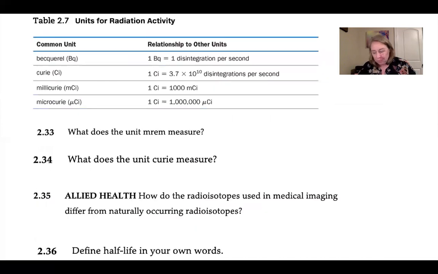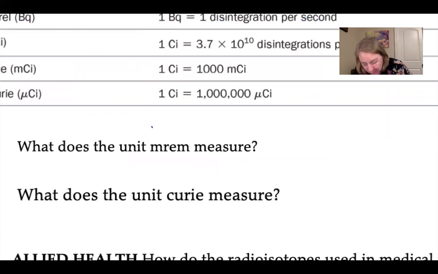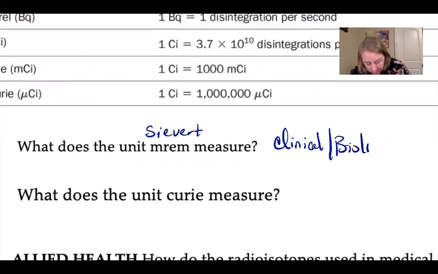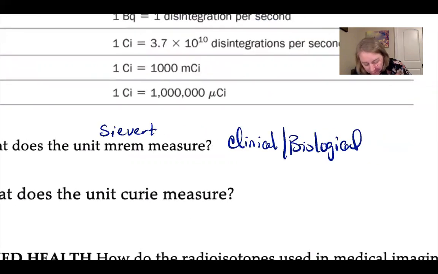First, a little vocabulary. What does the unit millirem measure? You have two, the millirem and the sievert. Both of those measure clinical, biological damage.